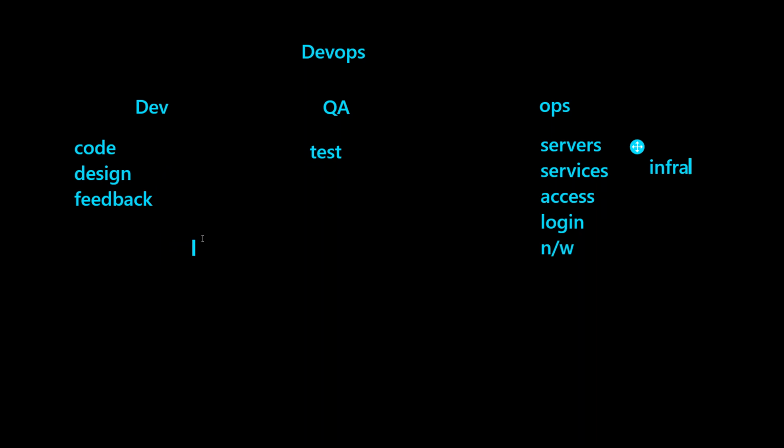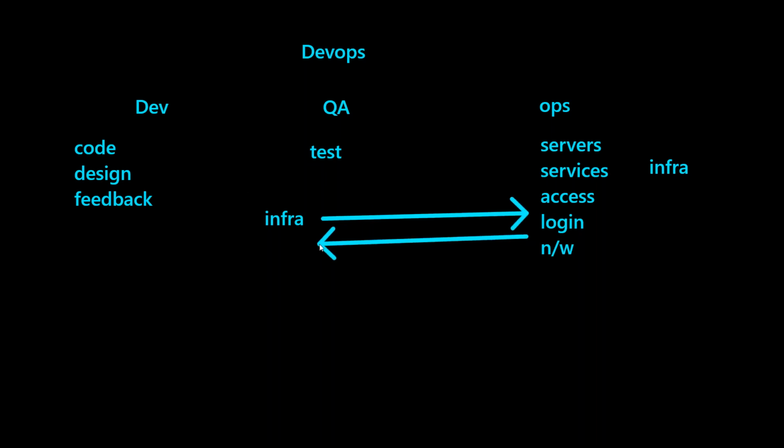Similarly, testers may need some infrastructure to execute the test cases. If they need any infra, they are not supposed to launch or provision it by themselves. The ops team will do that. So they have to request the ops team, and the ops team has to serve the request by providing the required infrastructure.